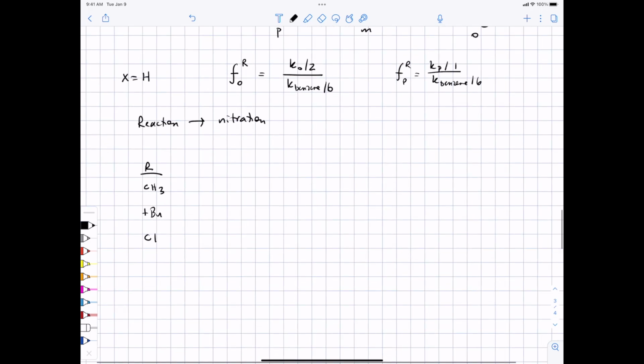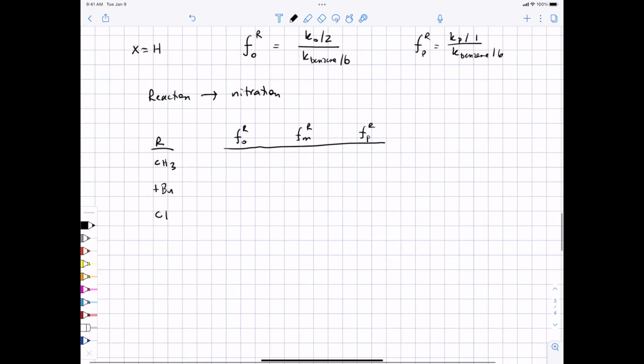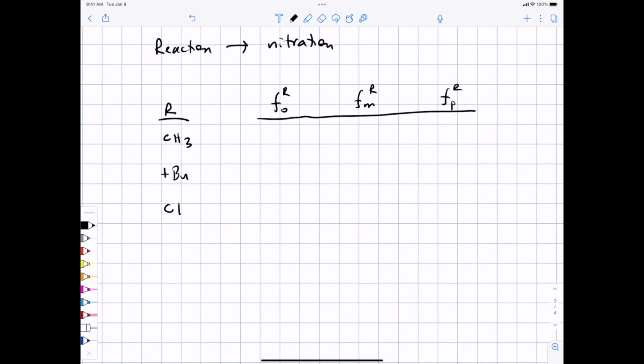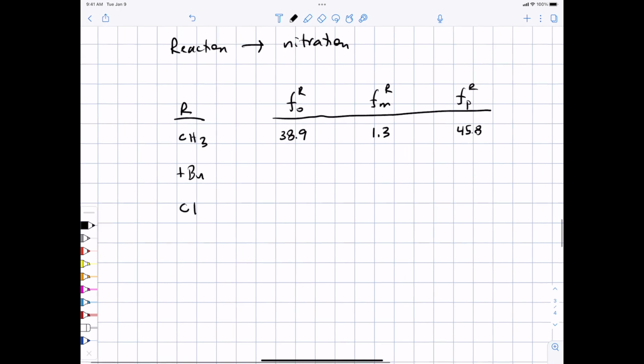And then we're going to write these three fractions for ortho, for meta, and para. For the methyl, it's 38.9. I don't know why I need three significant figures. We probably could just round. Ortho, 45.8 para, and 1.3 meta.